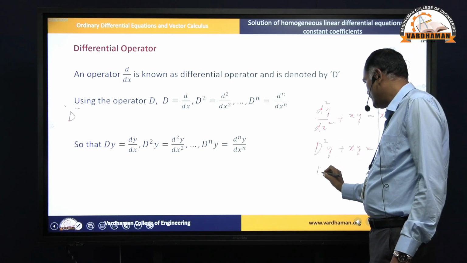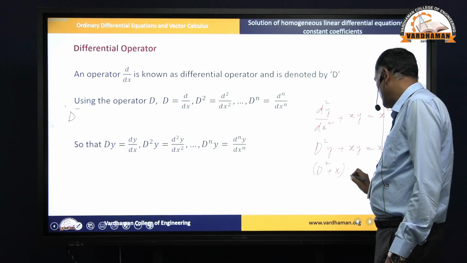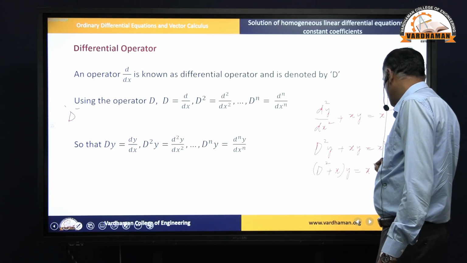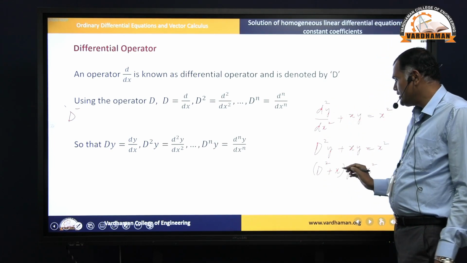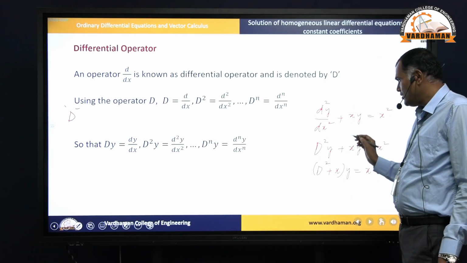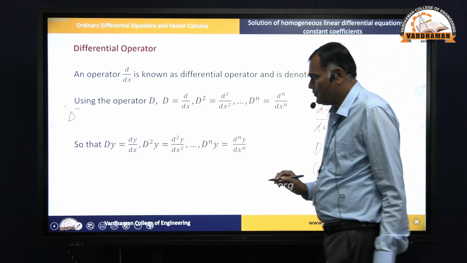Now this can be rewritten as (D square plus x) into y equals x square, something like this. Now the given differential equation we are writing in operator form like this.